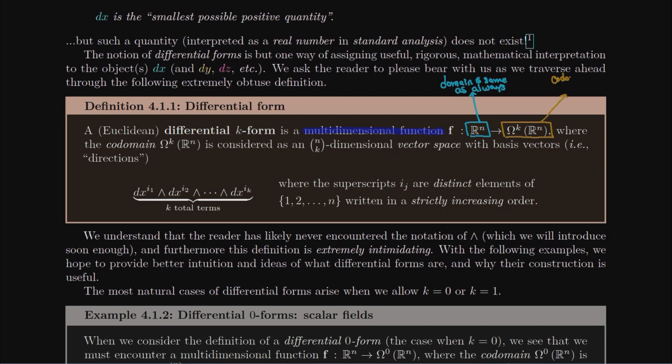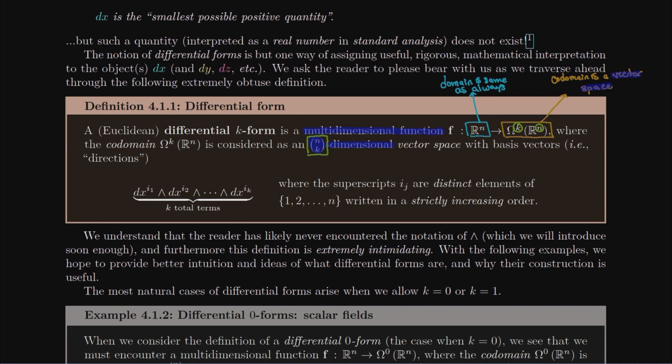The codomain is a vector space. A very specific vector space. And this kind of helps out why we just covered vector fields. And so actually all of these differential forms are going to be vector fields because we interpret their outputs as vectors. This vector space happens to have n choose k dimensions inside of it. You'll notice that the vector space notation includes a k here and includes an n here. So somehow the dimension should depend on n and k.